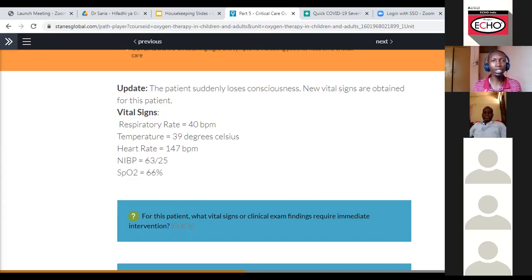Which one do we think needs immediate response or intervention? Maybe we can have less than a minute to just put anything that you think. If it's respiratory rate, put RR in capital letters, temperature put T, heart rate put HR, BP just put BP, SpO2 just put SpO2 in the chat box. Anything that you think. If all of them, just write all of them.